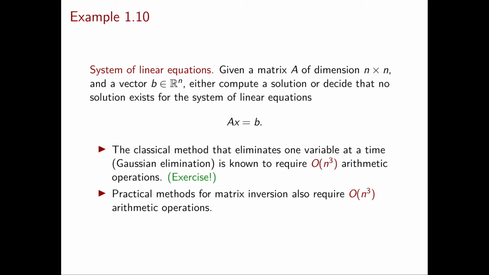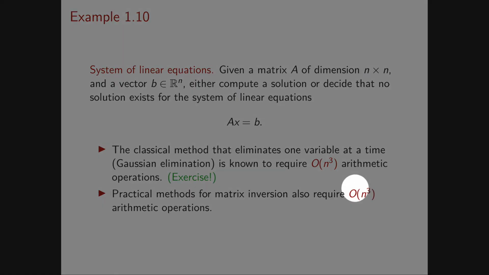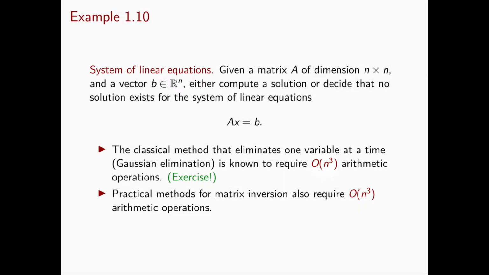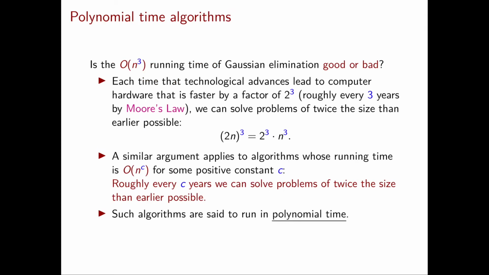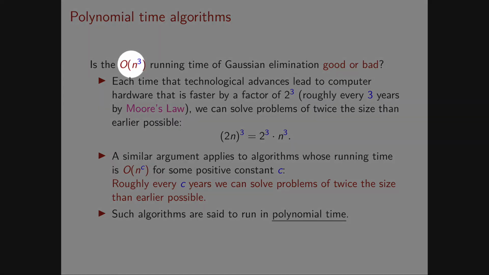The first takeaway from this slide is please remember that Gaussian elimination requires O(n^3) arithmetic operations, because we're going to use this several times later on. But the next question I want to pose to you is: is this running time O(n^3) good or bad?